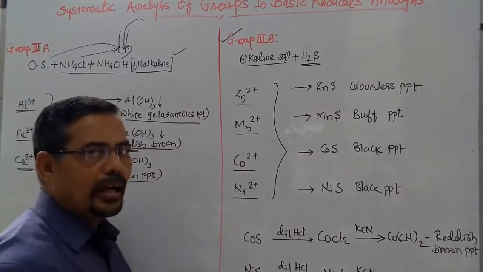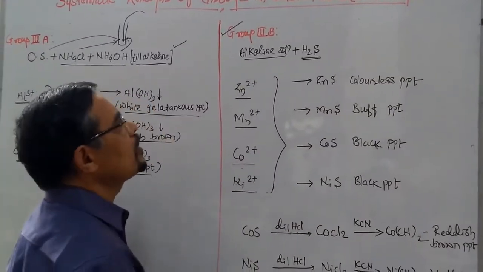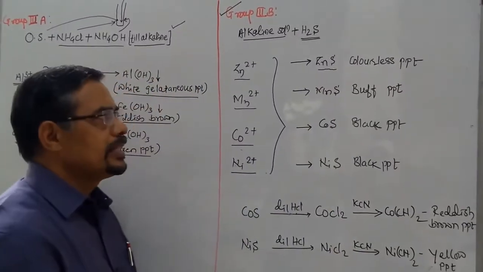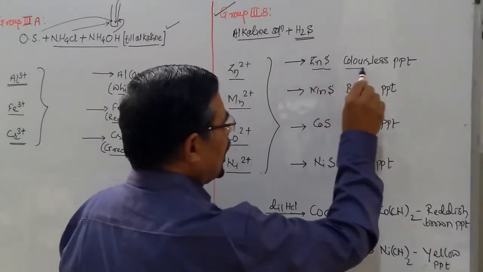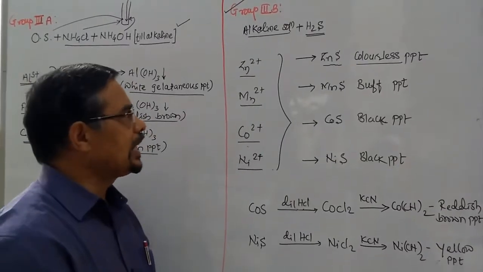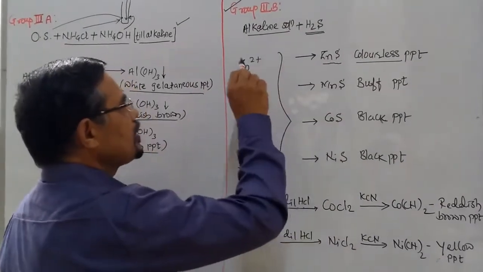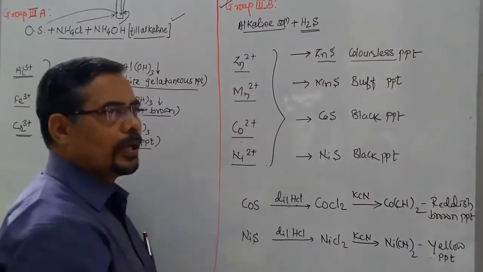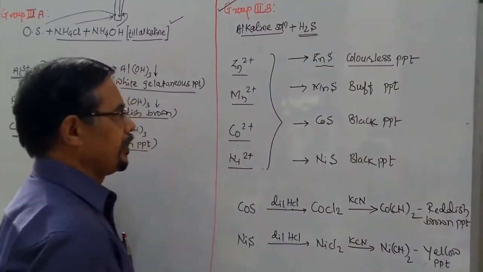If Zn2+ ion is present in the solution, then it forms zinc sulfide precipitate, which is colorless. So colorless precipitate formation indicates the zinc basic radical Zn2+ is present.